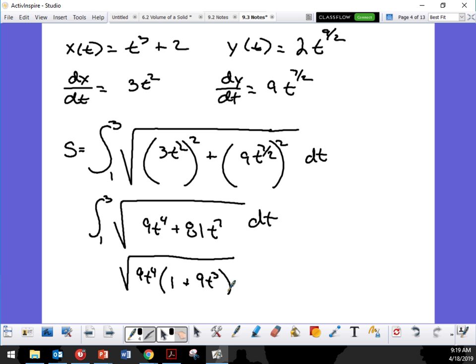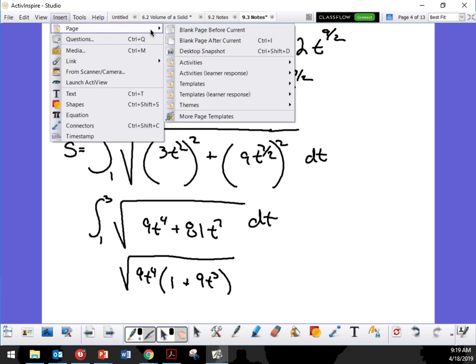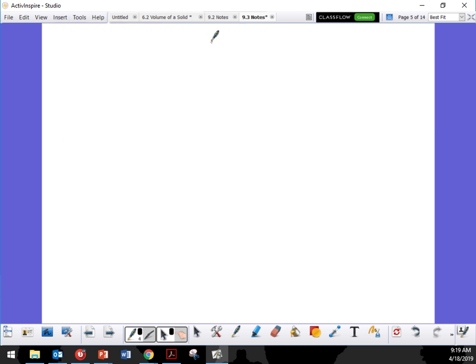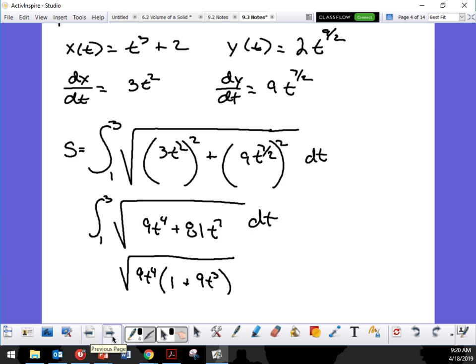All right, since I was able to factor that, I'm going to move to a new page. I'm running out of room here. Insert page. Because I still have that 1 to 3, it was plus 9t cubed.